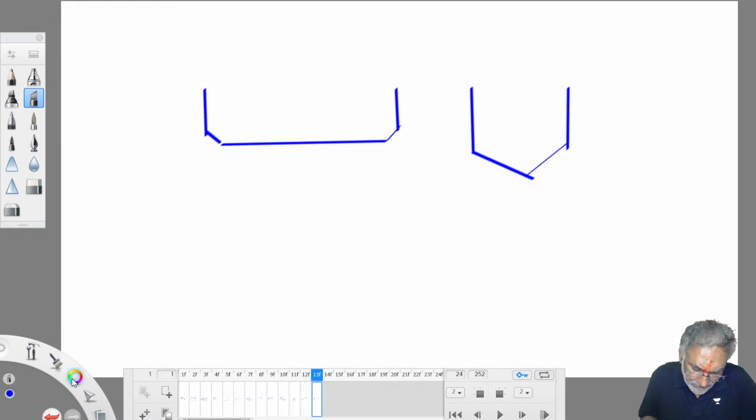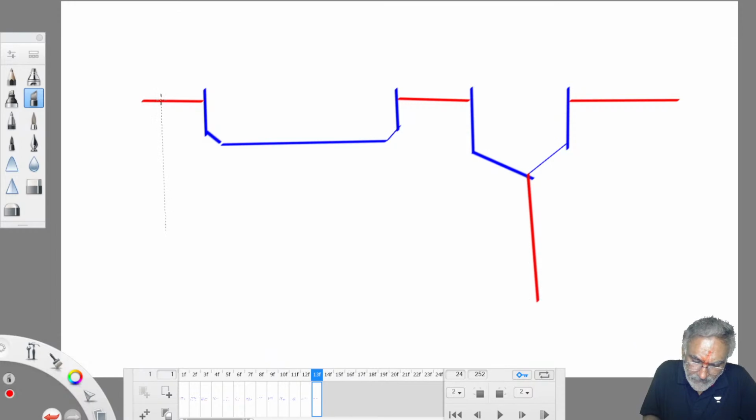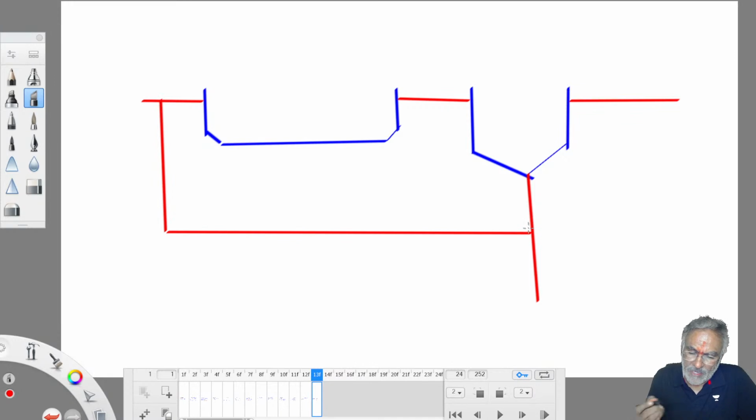This diagram is very, very important. Understood?